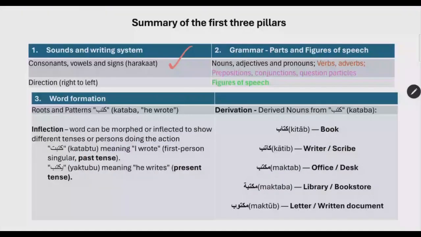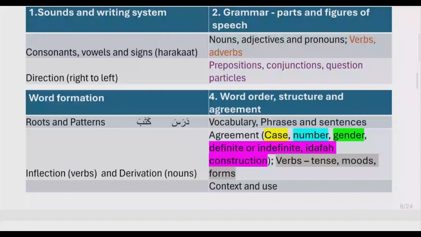We've covered the third pillar in one sense, although we're going to go into more detail, but in particular on this one, right? Then we go on to the fourth pillar, which is word order, structure, and agreement. And this we get through vocabulary, more words as we go along, more phrases that we can develop, and more sentences that we can construct.